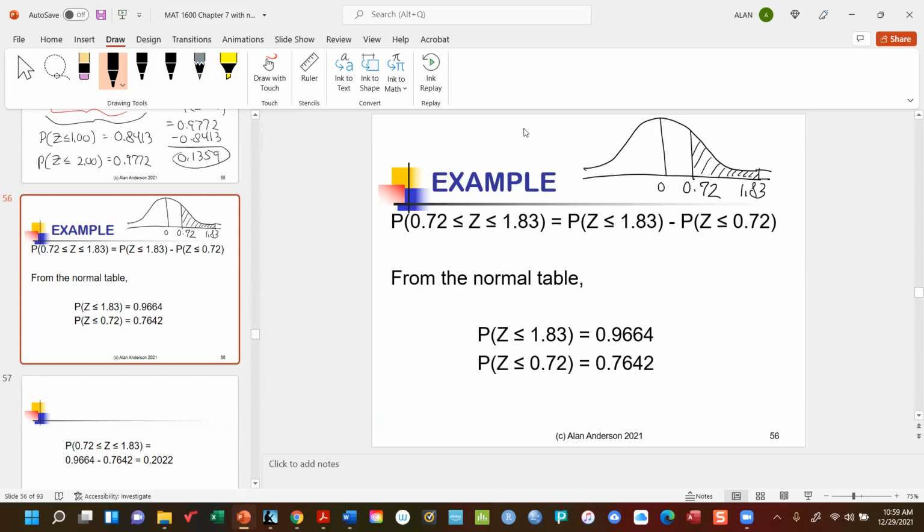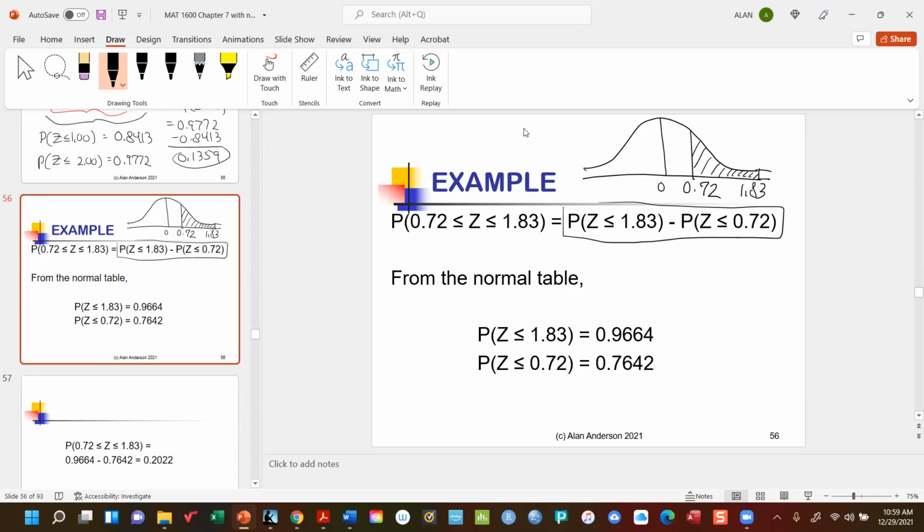Now, since this is an in-between probability, that means we're going to solve it like this. By the way, if you get these two backwards, you'll just get the right number, but with the wrong sign. But remember, you're aiming for the larger probability minus the smaller probability. And so these two come from the table. Let's confirm this now.